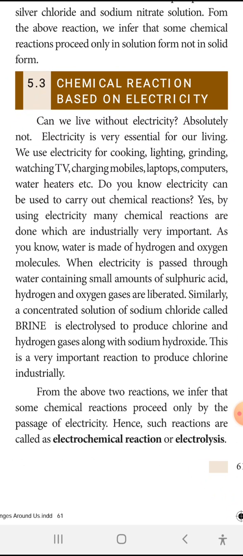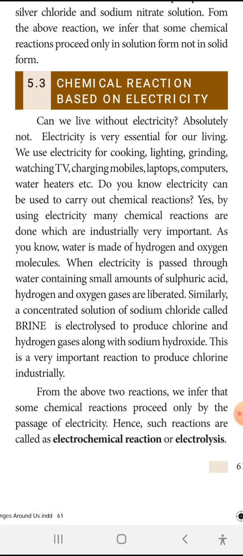So without electricity, we cannot imagine our life today. Electricity is very essential for our living. We use electricity for cooking, lighting, grinding, watching TV, charging mobiles, laptops, computers, water heaters, and so on.